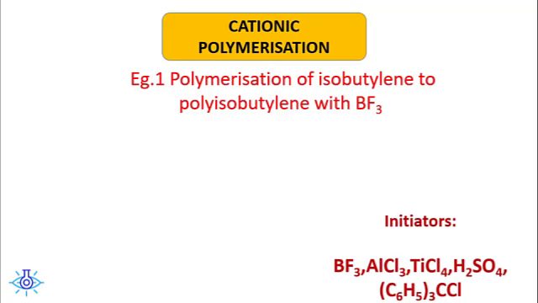So for cationic polymerization we can use Lewis acids like BF3, AlCl3, titanium tetrachloride, sulfuric acid and triphenyl chloromethane as initiators. In this example of polymerization of isobutylene to polyisobutylene, we can see the mechanism of how it proceeds with BF3.